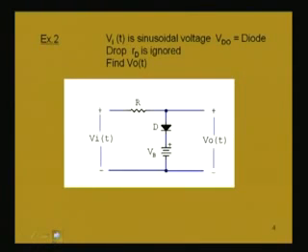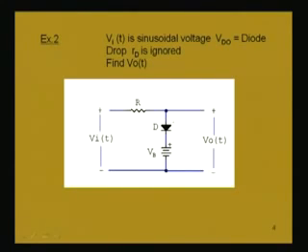So, in this example we have this diode which has Vd naught drop and Rd is ignored again, that is, the resistance of the diode is very small, we ignore it here. That means we will be using the constant voltage drop model for the diode.